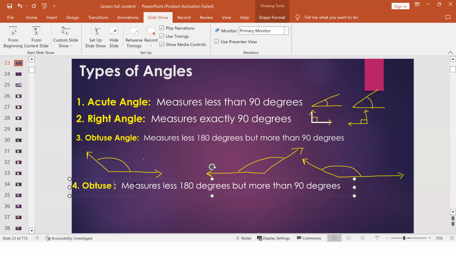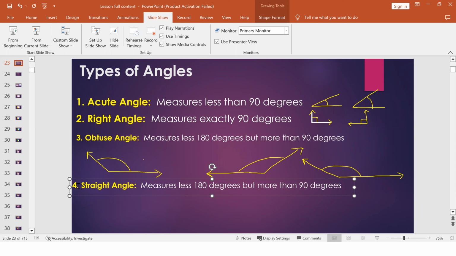Does anyone know? No one knows what comes after obtuse? Say it again. I heard it. Straight, very good, straight angle.